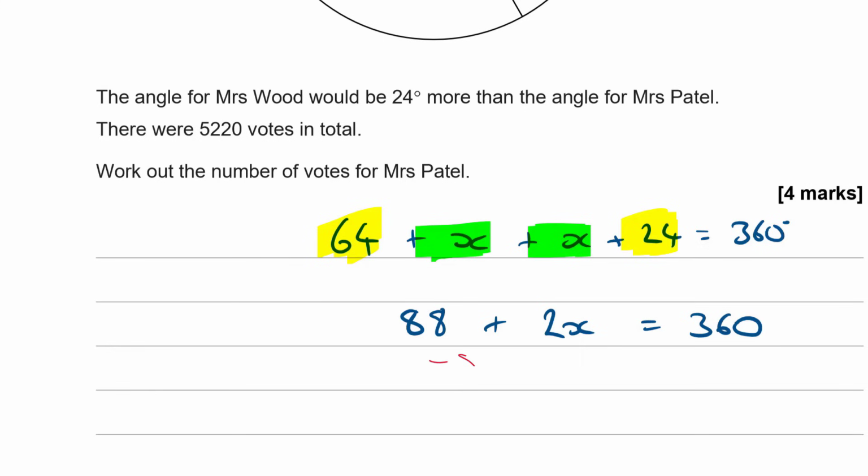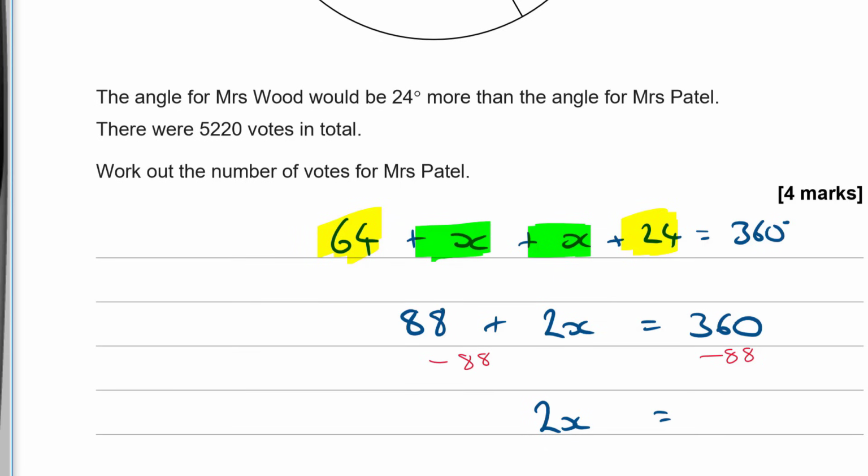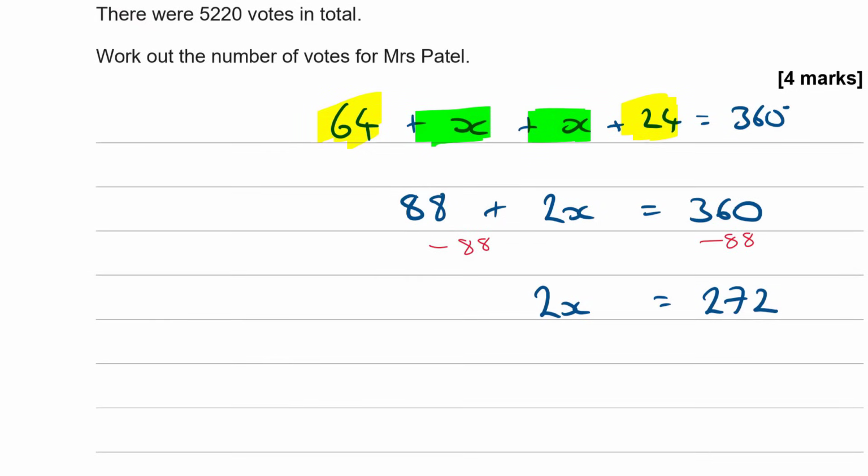Okay, so subtracting 88 from both sides, that's going to leave me with 2x is equal to 360 subtract 88. Just going to do that on my calculator, no point in risking making an error. So that's 272. And then to find x, I'm going to have to divide by 2 then, aren't I?